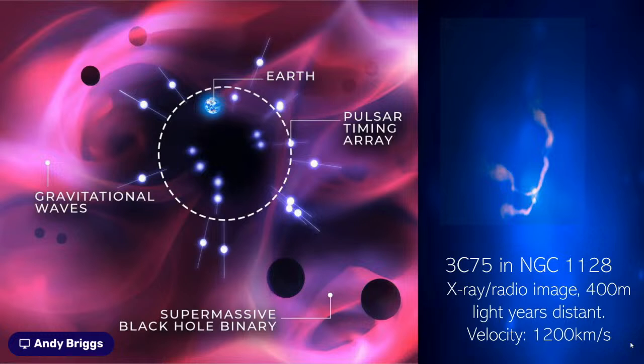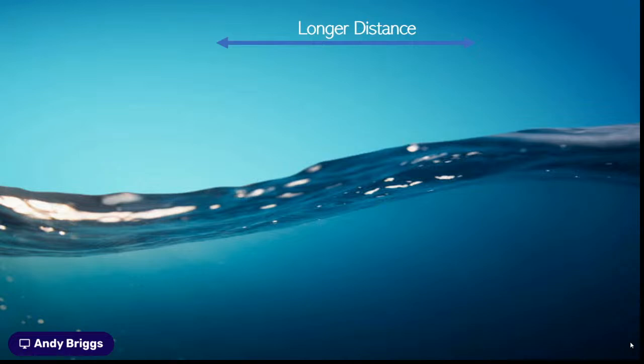As they get closer together, the gravitational waves from them get stronger and stronger. But the point is that they are very long wavelength, low frequency gravitational waves. Now, why would a gravitational wave either advance or retard the signal from a pulsar?